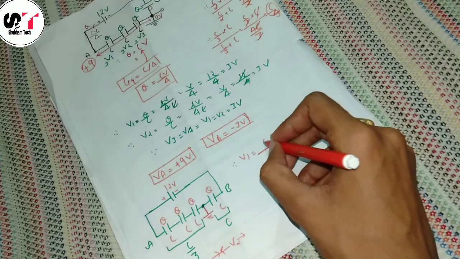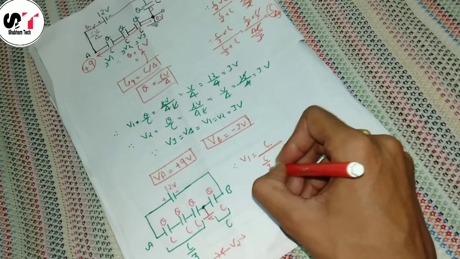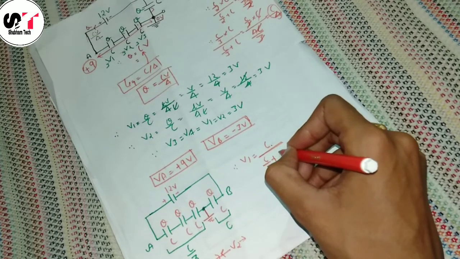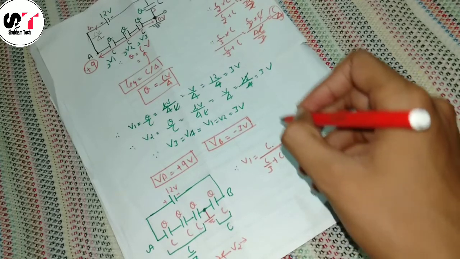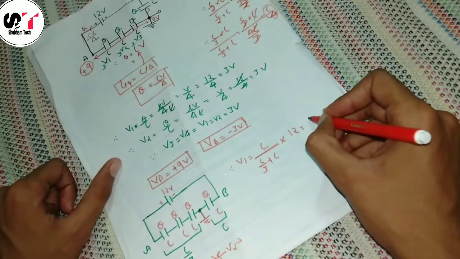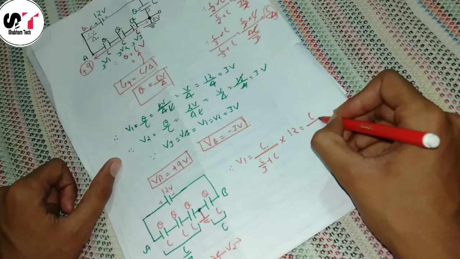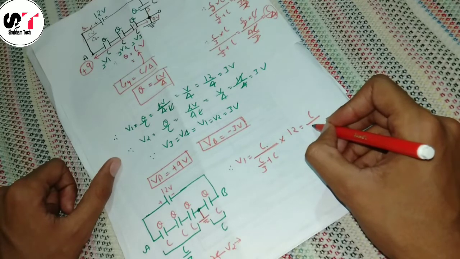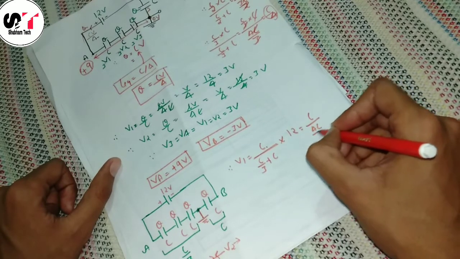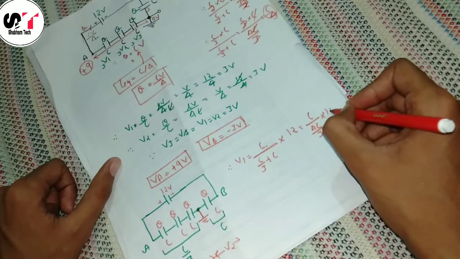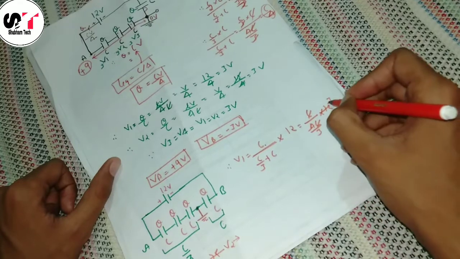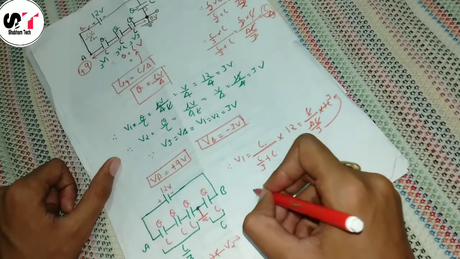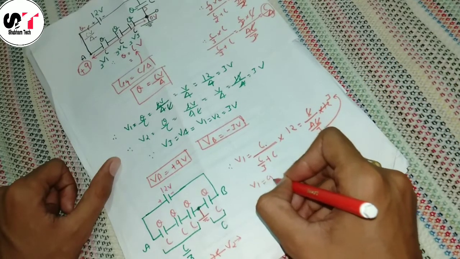So C divided by C by 3 plus C into 12 volt. Let's solve this. C divided by 4C by 3 into 12, C cancel out, 4 3s are 12, 3 this side, V1 equal to 9 volt.